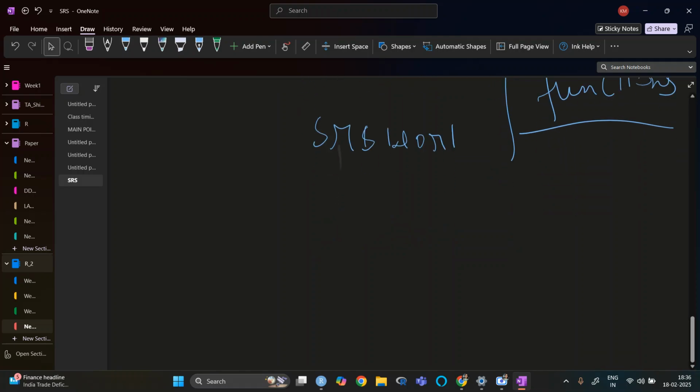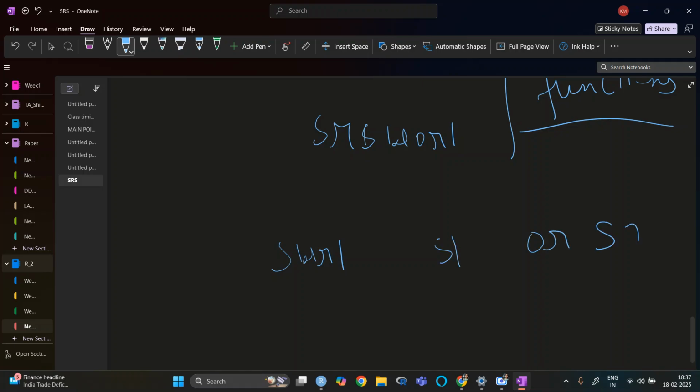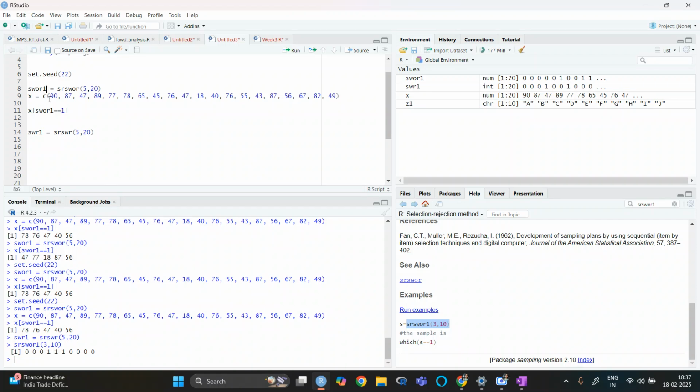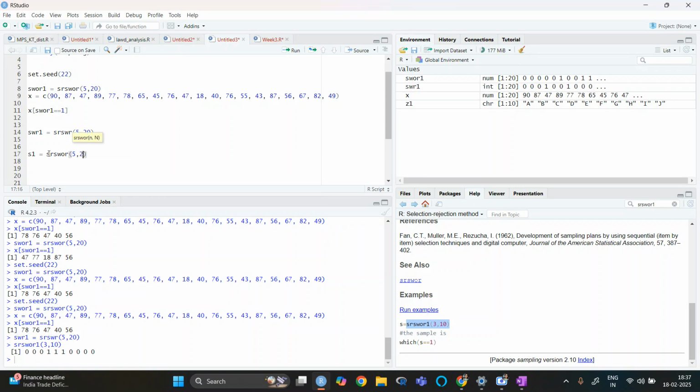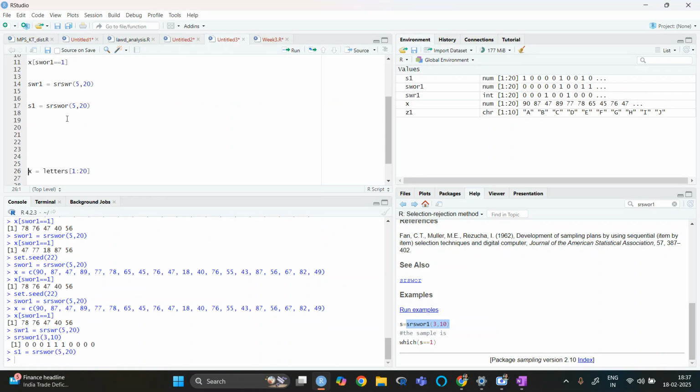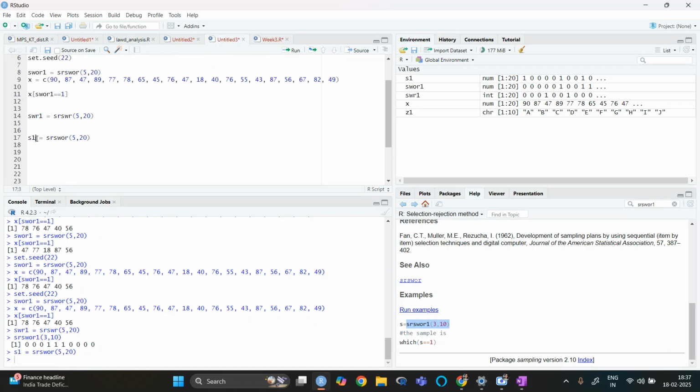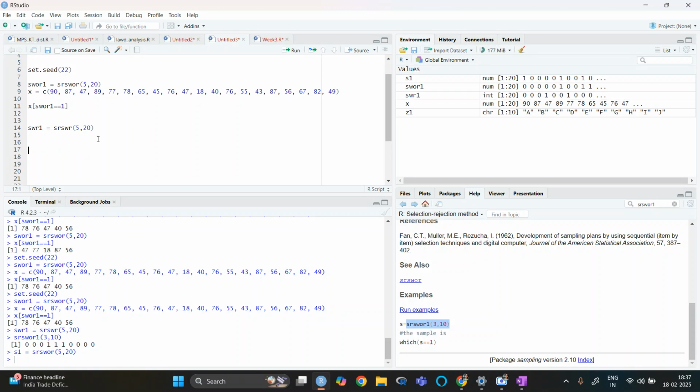But in my definition, I can use just SWR1 or S1 or S2. It is a variable, so I can give any name to that. Even if I define S1 as SRSWOR, it will also be the same. So I can define it as S1, S or S2. So this is how I can define it. Is it clear?